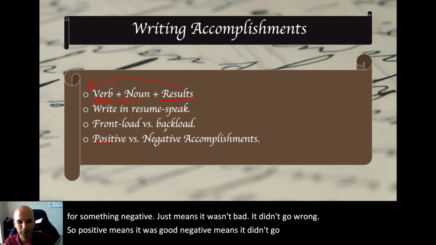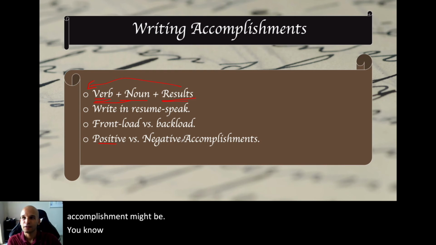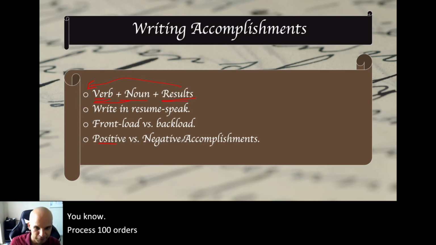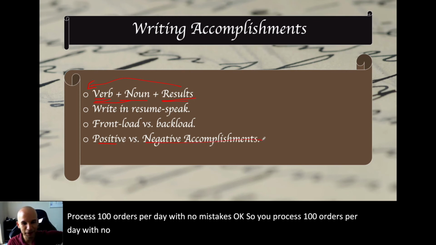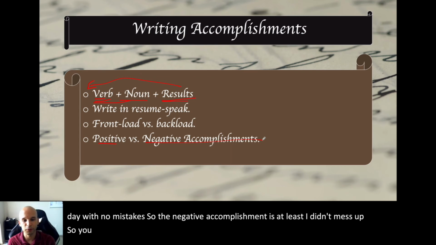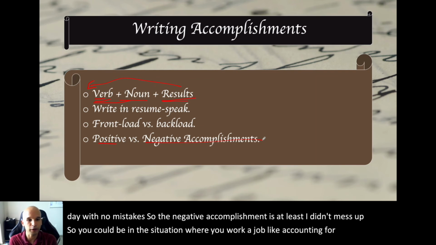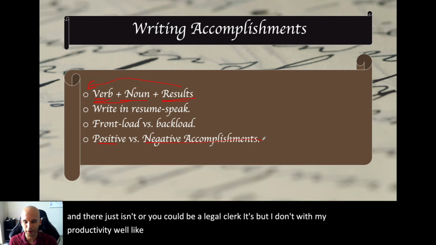So a negative accomplishment might be: process 100 orders per day with no mistakes. So the negative accomplishment is, at least I didn't mess up. You could work a job like accounting, for example, or be a legal clerk, and think, but what's my productivity? Well, you have to deal with sensitive documents.